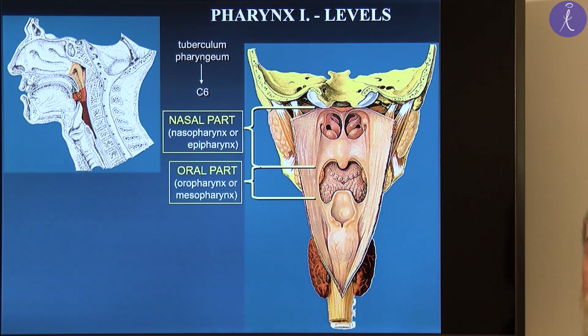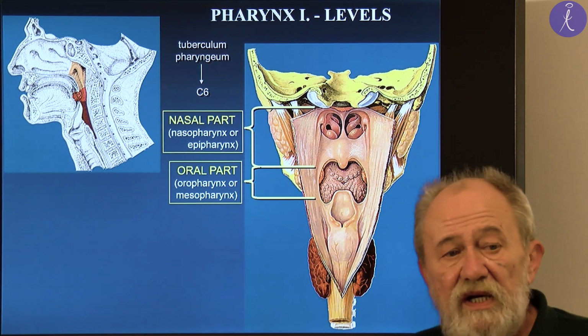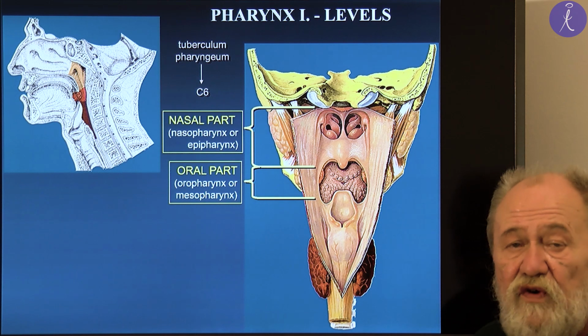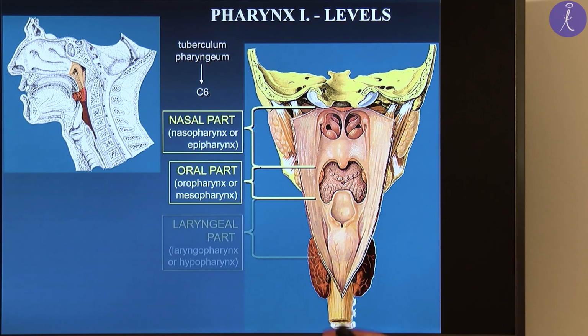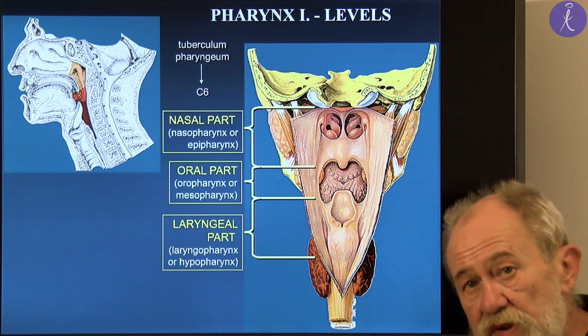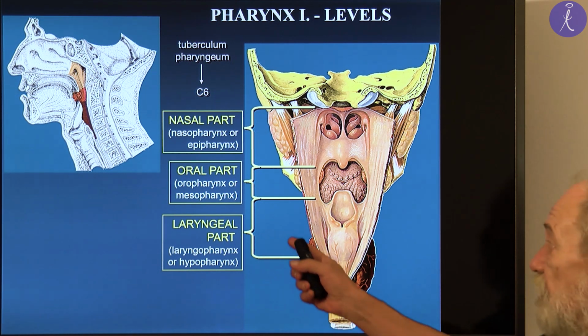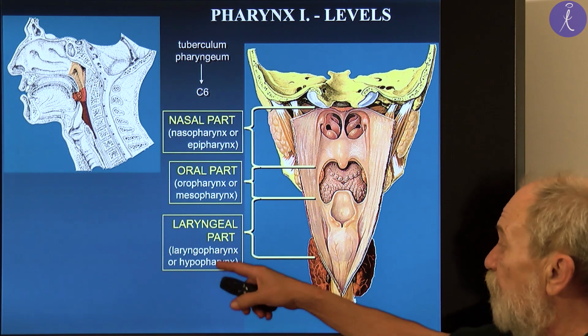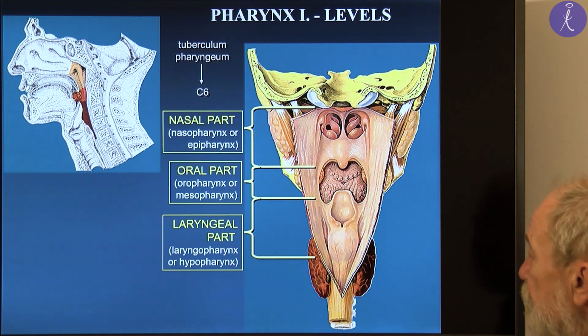The next one, into which the oral cavity opens by the oropharyngeal isthmus, is called the oral part, or oropharynx, or mesopharynx. And finally, into the lowest part of the pharynx the larynx opens anteriorly, giving it its name, the laryngeal part or laryngopharynx, or the hypopharynx, related to the two others.